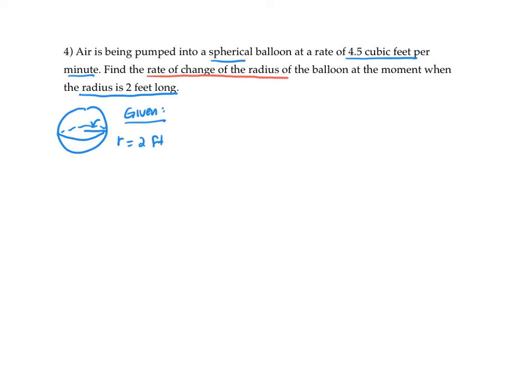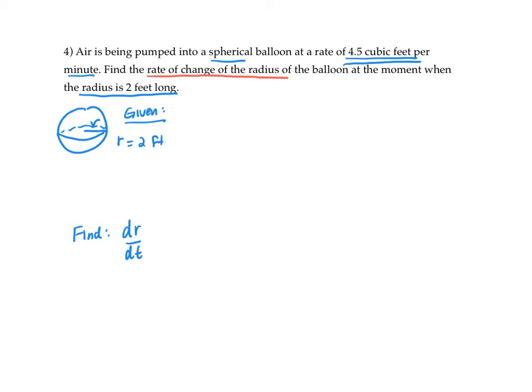So we're being asked to find the rate of change of the radius with respect to time. So we're asked to find dr/dt. The other thing that we know, however, is the change in volume, and that comes right up here. It says air is being pumped into the spherical balloon at a rate of 4.5 cubic feet per minute.